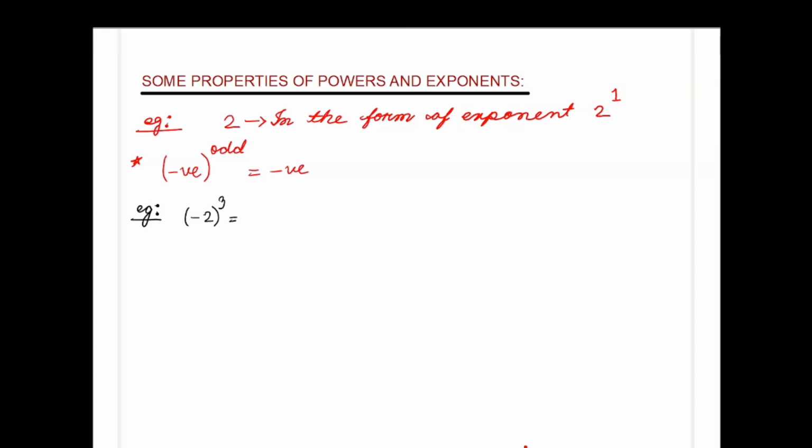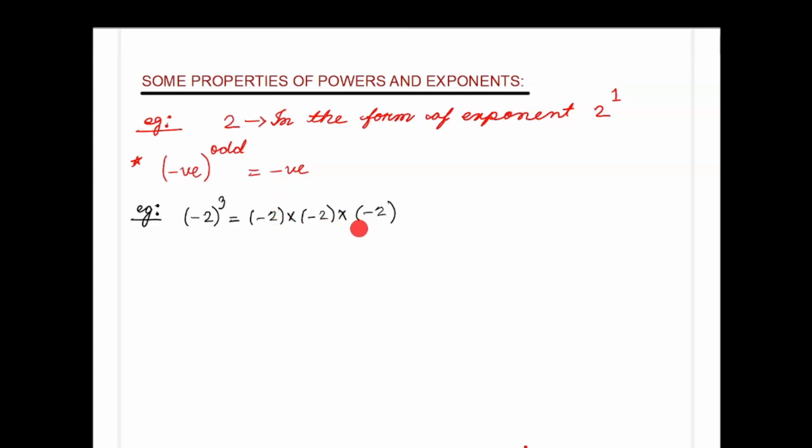That means minus 2 into minus 2 into minus 2. Already in the integer chapter we learned that when a negative number is multiplied odd times, we get the answer in negative. Negative into negative is positive, and positive into negative is negative.